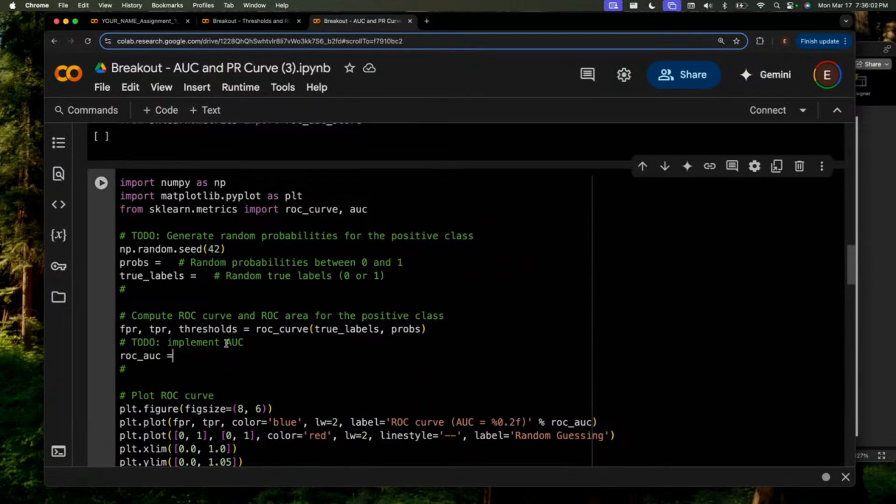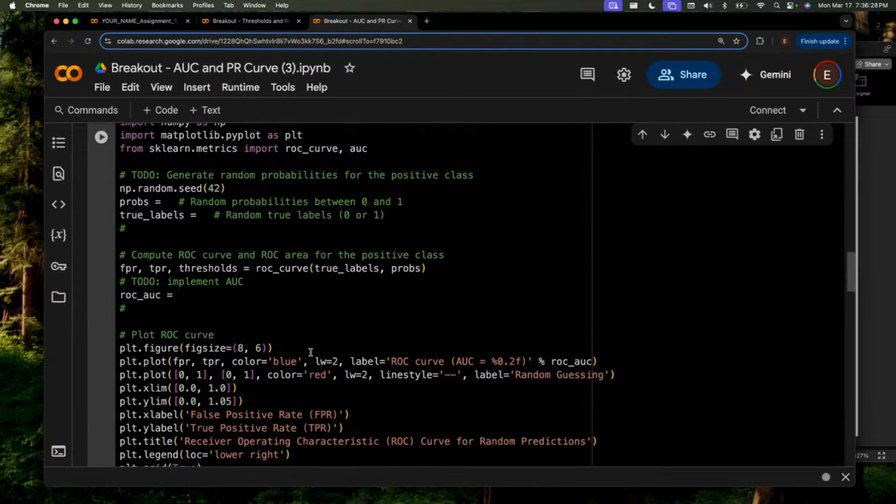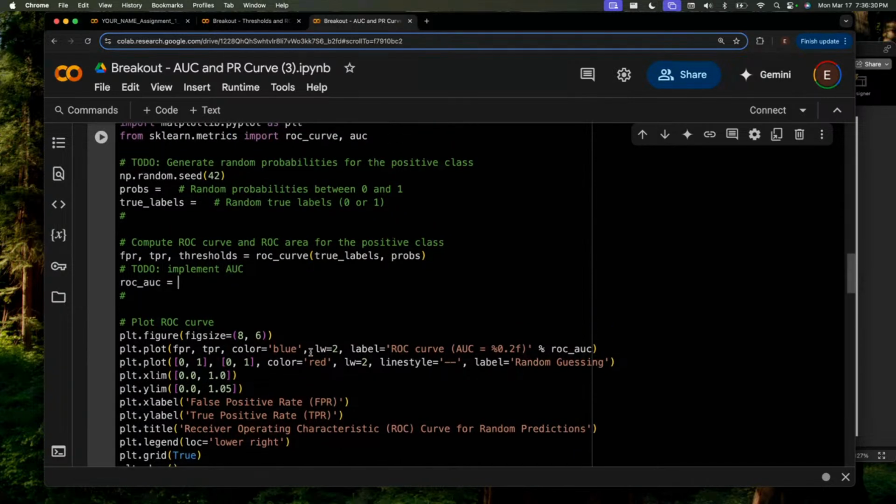AUC. I thought it would autocomplete for me. It's not.